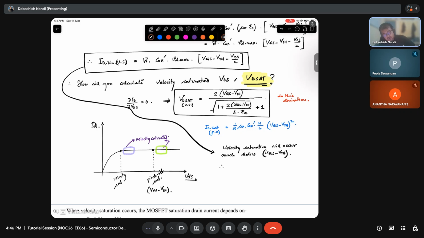So ignore the VDS by 2 term. That gives me ID sat, the velocity saturated current, as W times Cox times Vd max times VGS minus VTH.